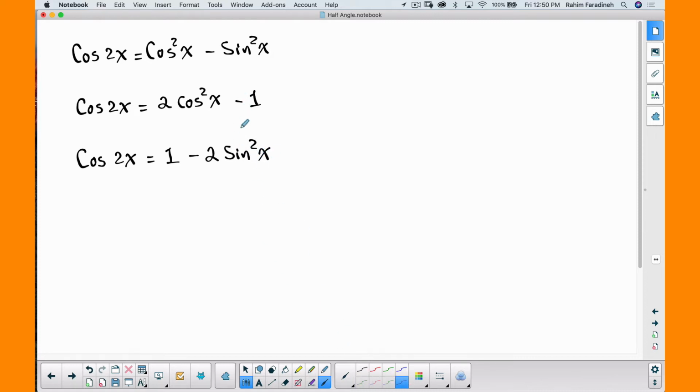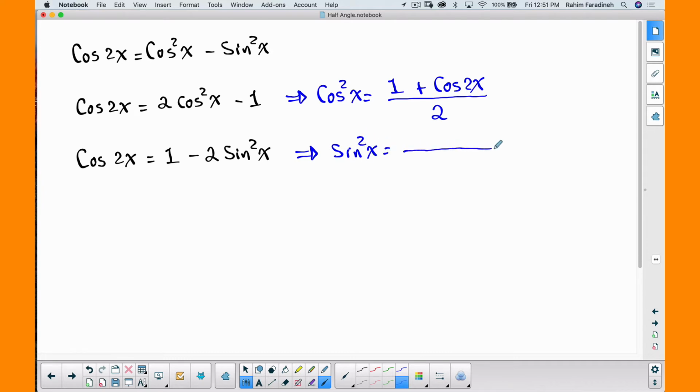If we take these two versions and solve for cosine squared, so if I take the first one and solve for cosine squared x, I will get 1 plus cosine 2x divided by 2. And similarly, on the second one, if I solve for sine squared x, I will get 1 minus cosine of 2x divided by 2.